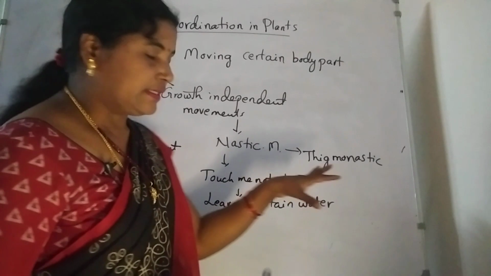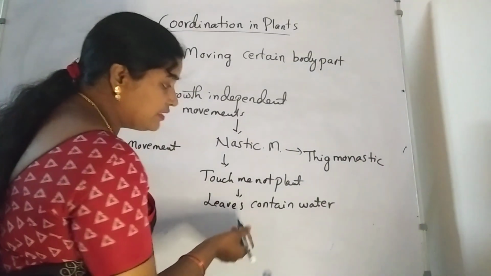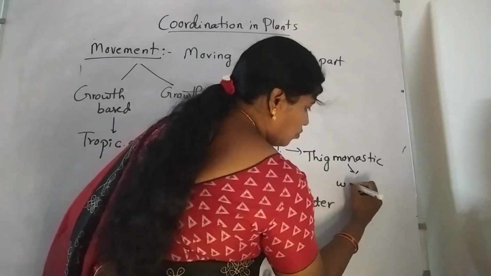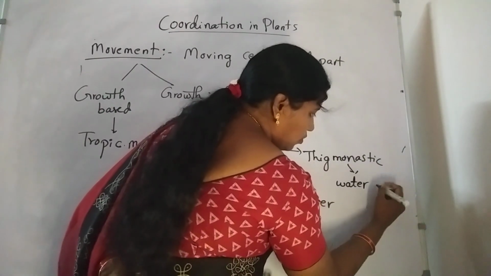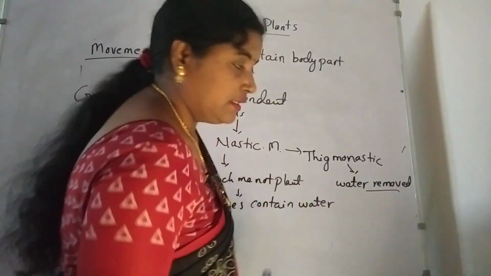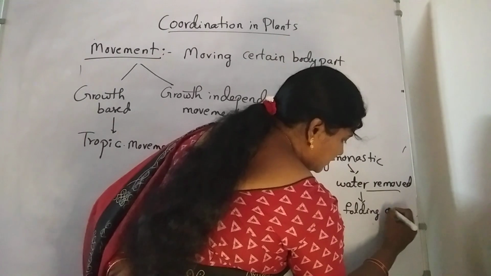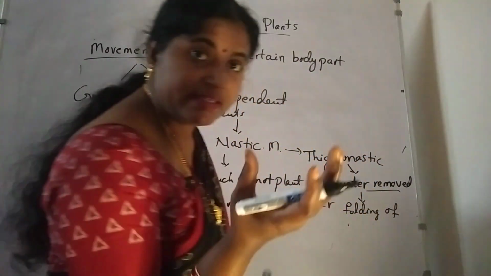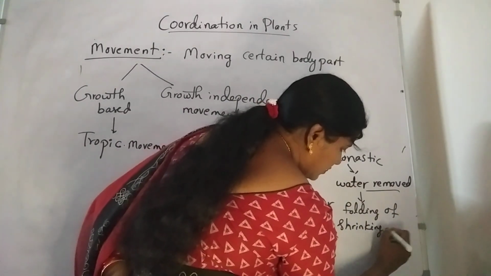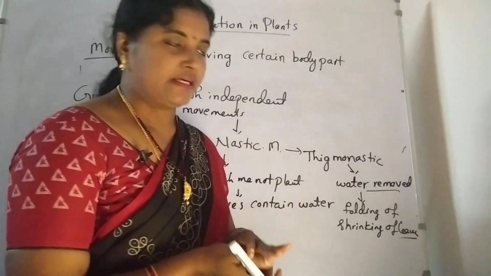But after the touch, the water is removed from the leaves, and this results in the folding or shrinking of the leaves.